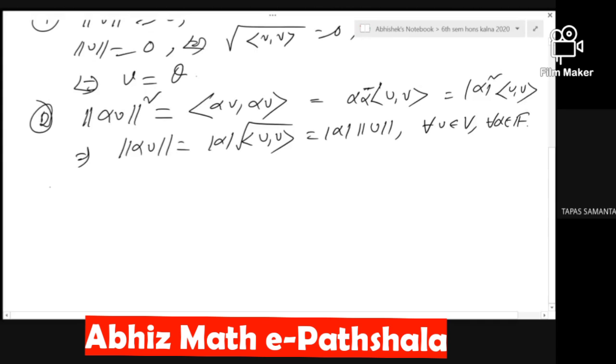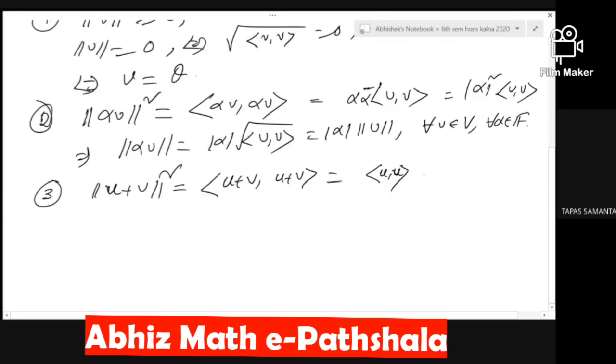And the third one is the triangle inequality. That is, for any two vectors u and v, if we take the square of the norm of u plus v, then it will be inner product u plus v comma u plus v. Now just expand it, then it will be inner product u comma u, inner product u comma v, inner product v comma u, plus inner product v comma v.